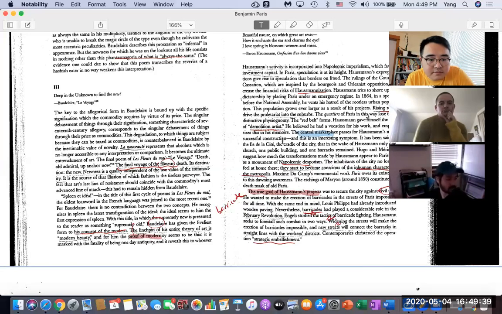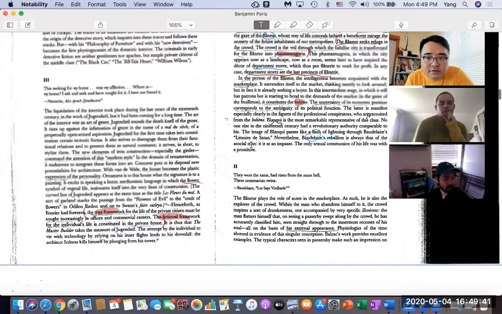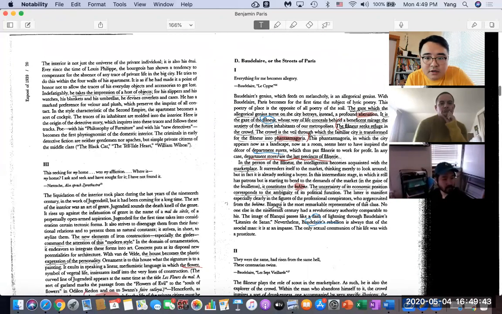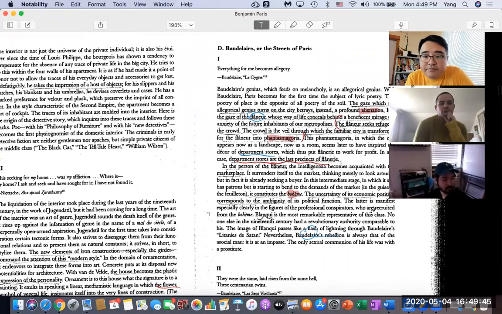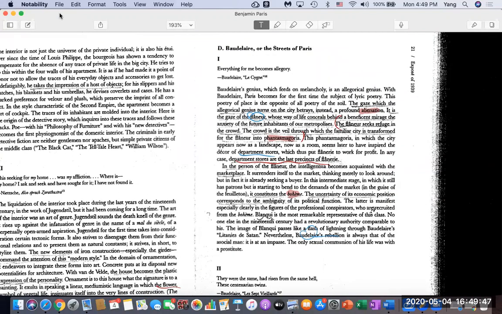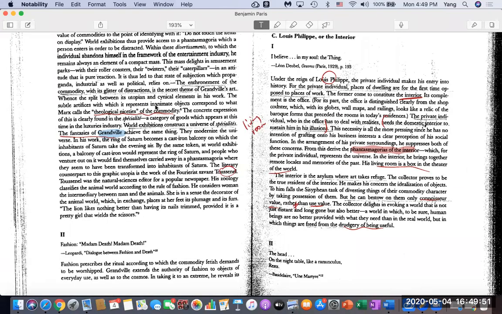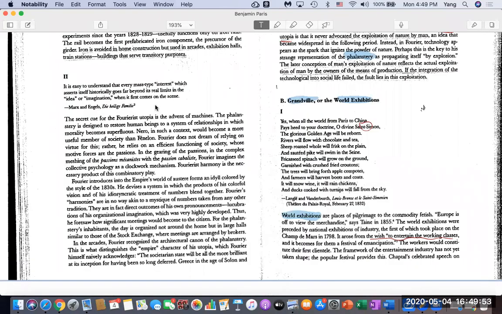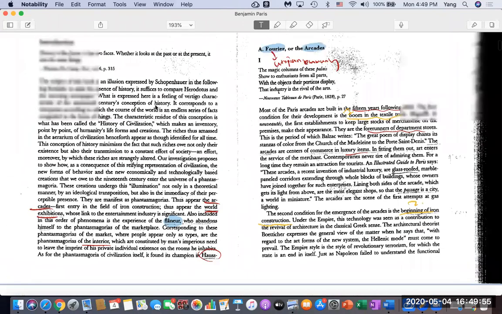We had a video on the Haussmann project, remember? Haussmann was the organizer, the political top leader, thinking this through. The idea of Bohemia was there.